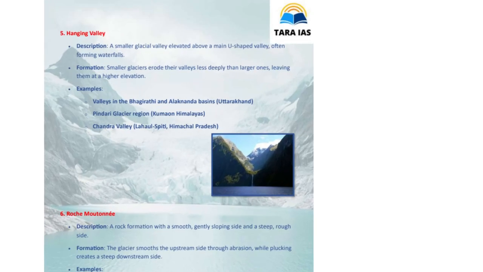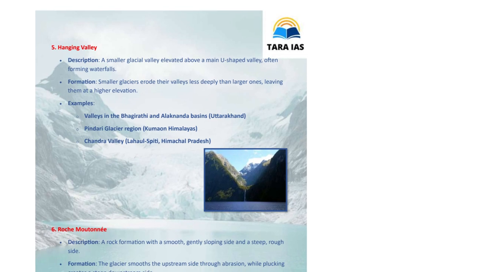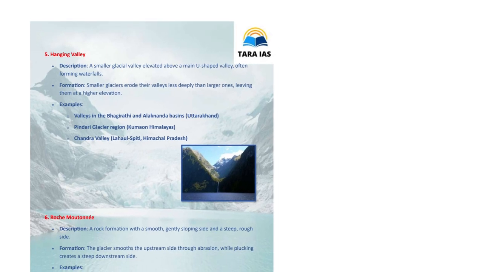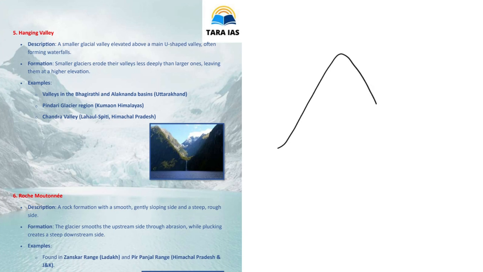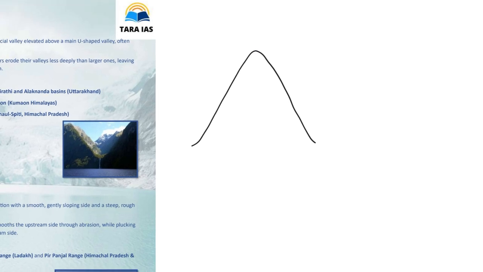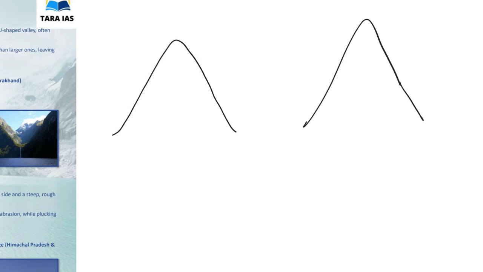Coming to the fifth erosional landform, Hanging Valley and Roche Moutonnée, I want you all to listen carefully. If you understand this logic, half of glaciers is done, right? So here is a mountain, and here is another mountain.